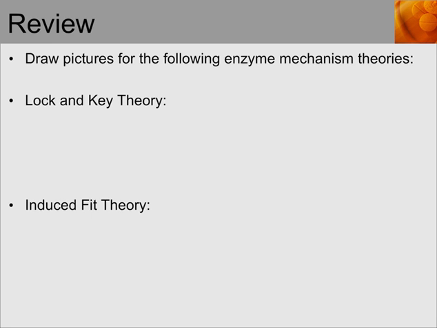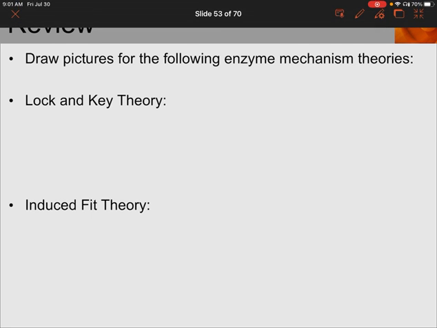Okay, so let's start with the lock and key theory. This one's pretty easy, right? We've got our enzyme, and let's say its active site is shaped like a square. And let's say our substrate is conveniently shaped like a square.